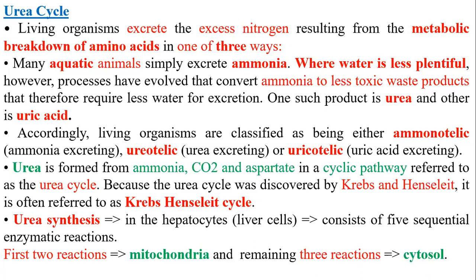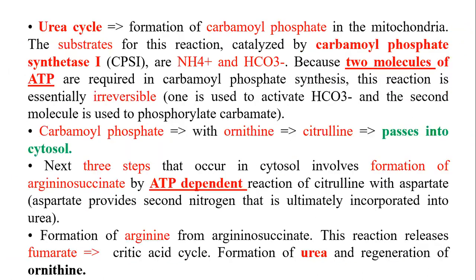Urea synthesis takes place exclusively in the hepatocytes, that is liver cells, and consists of 5 sequential enzymatic reactions. You should remember that the first 2 reactions take place in the liver mitochondria, and the remaining 3 reactions take place in the cytosol of the cell.